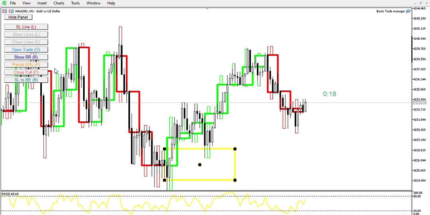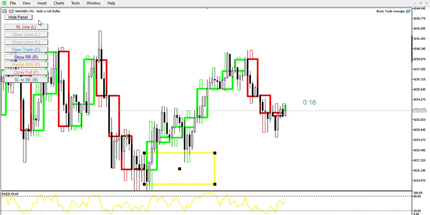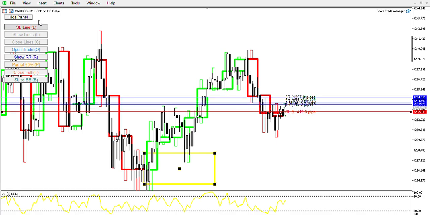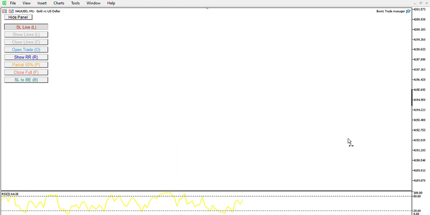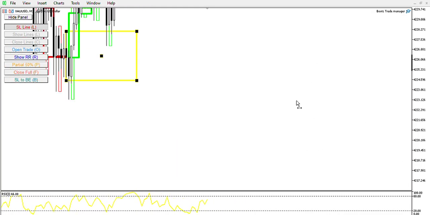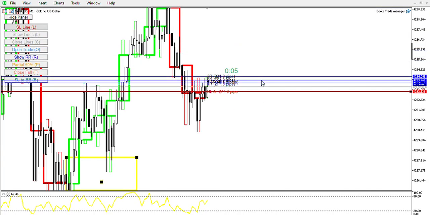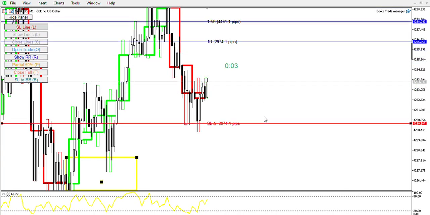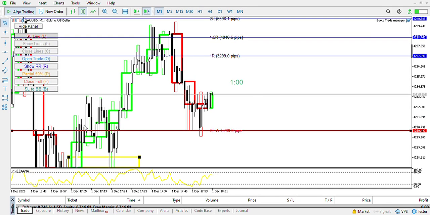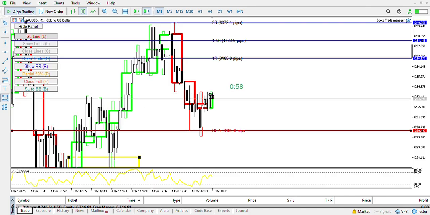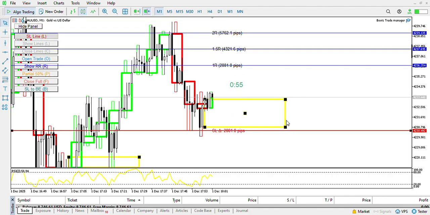Now, if I press the S button, a few lines appear in the chart. Let's say price is running and this is where I want to enter my trade. This is the zone, this is my entry point.